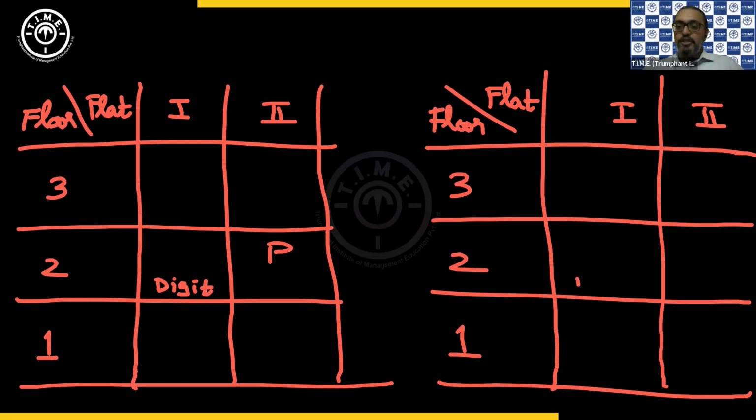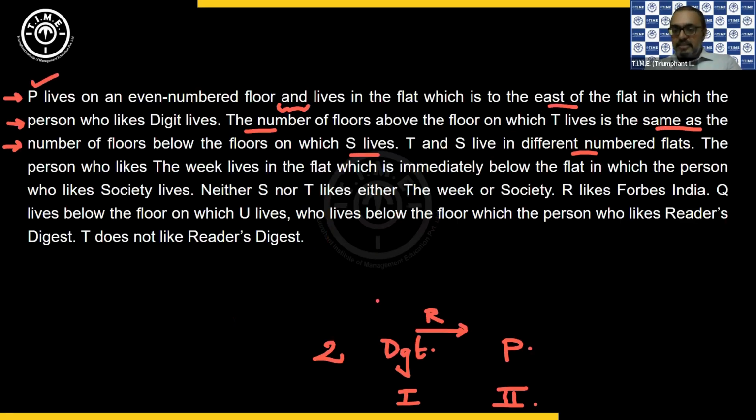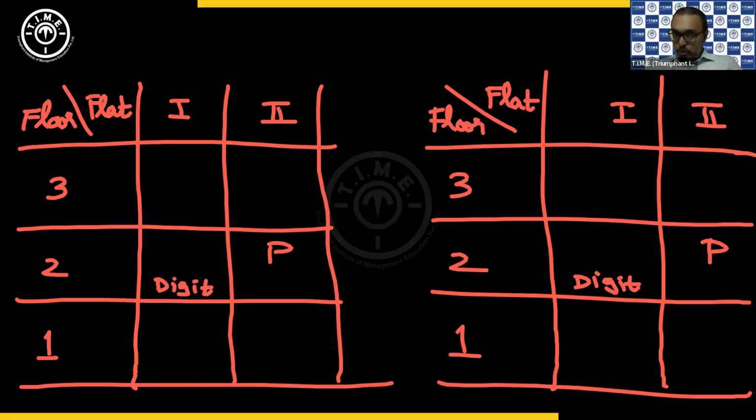Okay, so we have digit and then we have P. Now T and S, definitely he says different numbered flats and the number of floors above T is the same as below S. So it could be flat 1 floor 3 and flat 2 floor 1 in any order, or flat 2 floor 3, flat 1 floor 1, any order. Okay, that is the one.